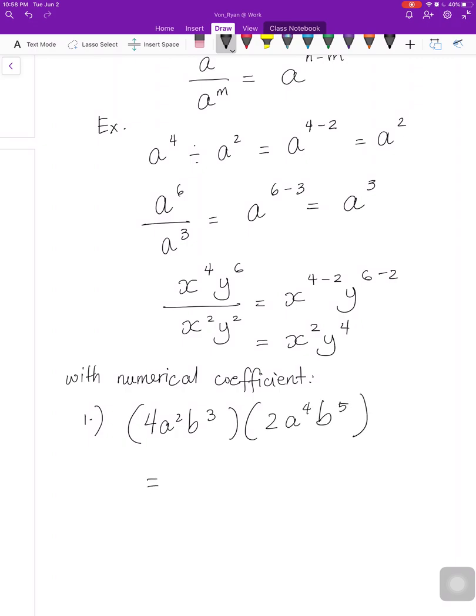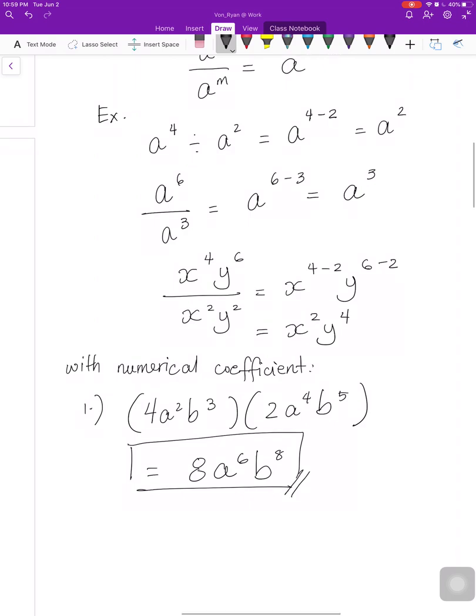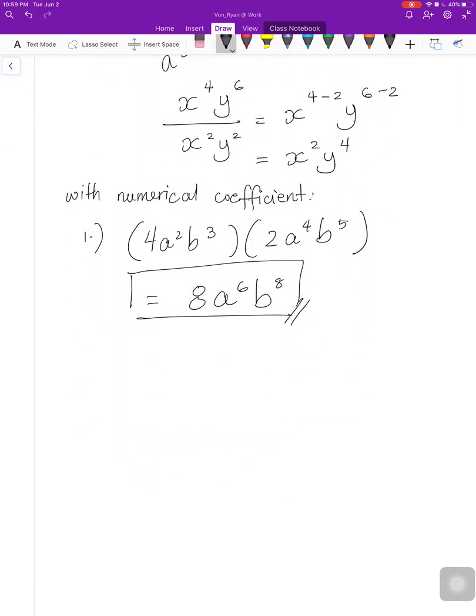So you do the multiplication normally with the numerical coefficients as if they're just numbers. I mean, they're really just numbers. So 4 times 2 is 8, so 8a raised to 2 plus 4 is 6, and then b raised to 3 plus 5 is 8. So that's the final answer for that. Just want to show that the law applies even if you have numerical coefficients.